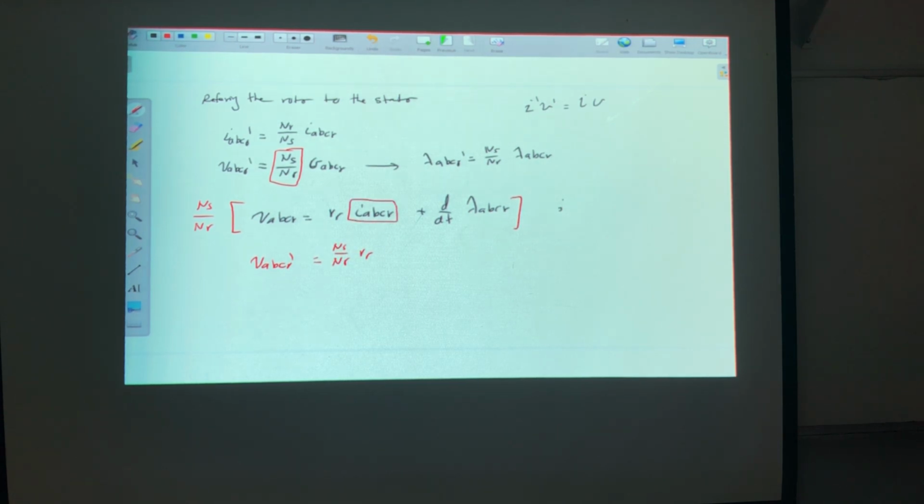Now this one I need to refer, so I will use the reverse of this one. So simply here I will say that IABCR equals NS over NR IABCR dash.